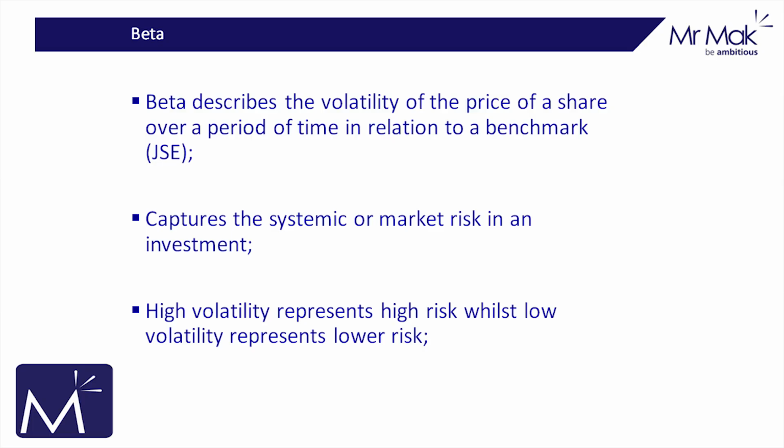Much of the risk that's captured is by way of looking at the share's underlying price volatility relative to the market as a whole. And a high volatility represents a high risk share, whilst a low volatility represents a lower risk share.